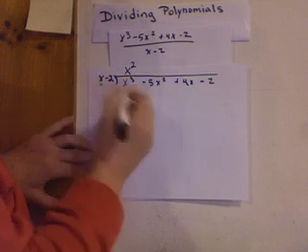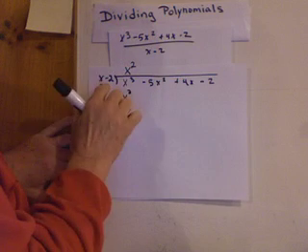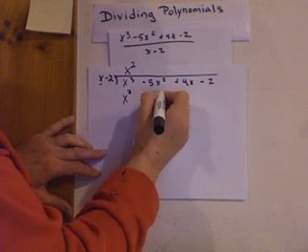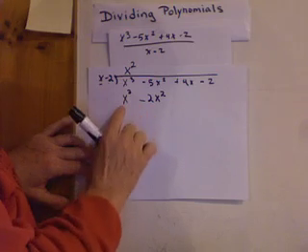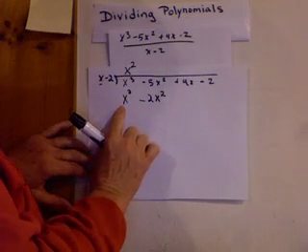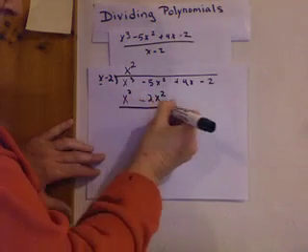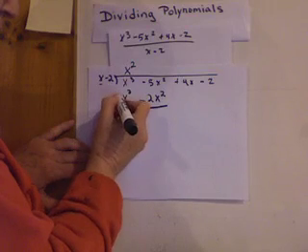X squared times x is x to the third. X squared times minus 2 is minus 2x squared. When that step's done, look and see if the first two terms are exactly the same. They should be. Next step, draw the line, and then change the signs, which is subtraction.